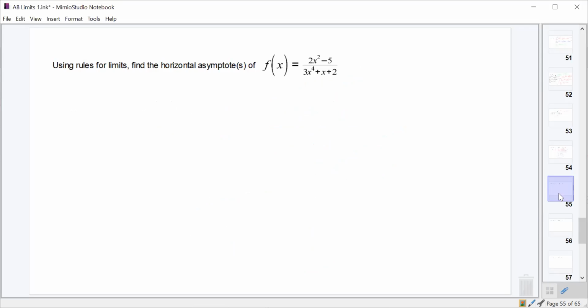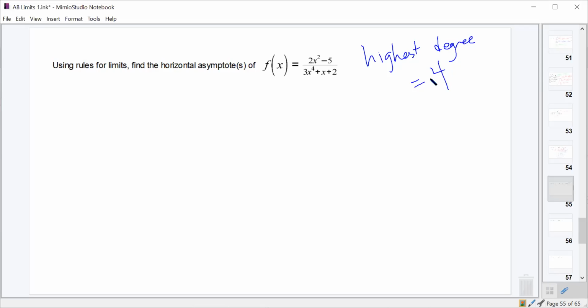Let's do another one. Let's use our rules for limits to find the horizontal asymptotes of this one. So it's a very similar one, except this time the degree of the numerator and the degree of the denominator are not the same. True? True. What's the highest degree that we have? 4.